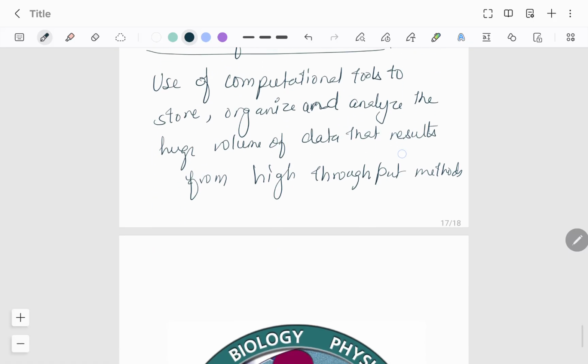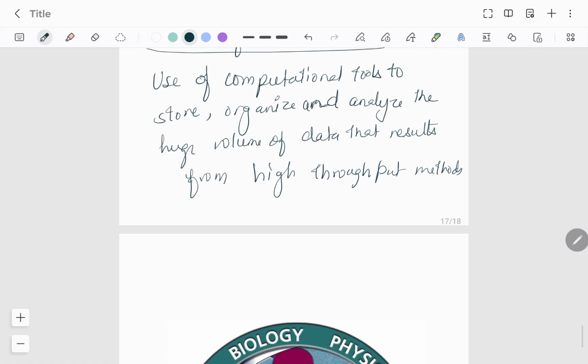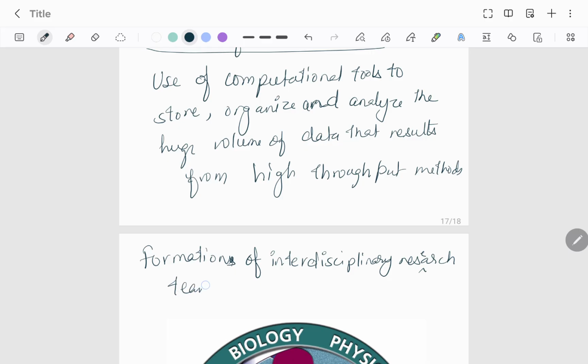Now the third thing is the formation of interdisciplinary teams. If you have to study the entire sequence, you don't just need biologists. Multiple experts are needed, different members in the research team.